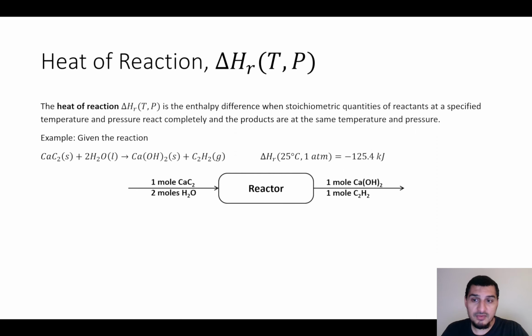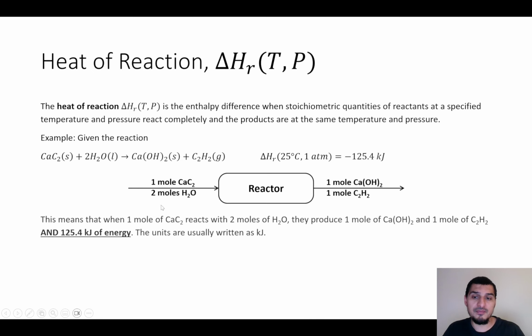So for example, if I have calcium carbide plus water, they react to produce calcium hydroxide and acetylene, and this is what we call the heat of reaction. So this delta HR at this temperature and pressure is the enthalpy difference between the exit stream and the feed stream.